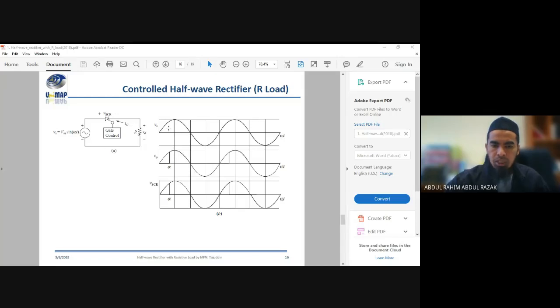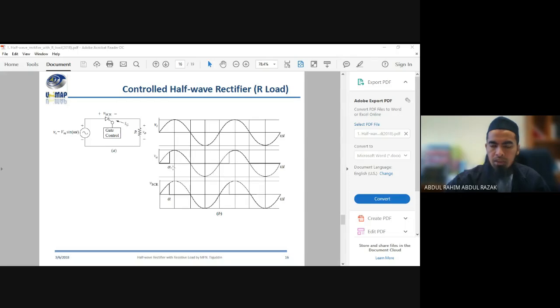If you can see from this slide, it shows the input signal. V source here has full cycles, but from the resistive point of view, the load just conducts during alpha and is off on the negative cycle, and repeats again on the next alpha. That means each cycle you have to pass the alpha: alpha 1, alpha 2, alpha 3.